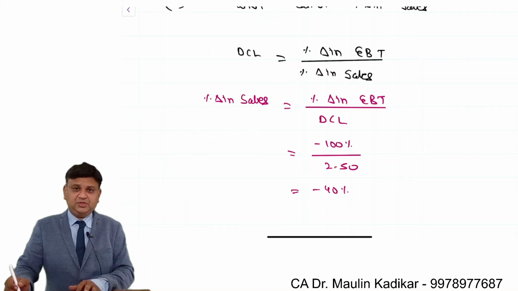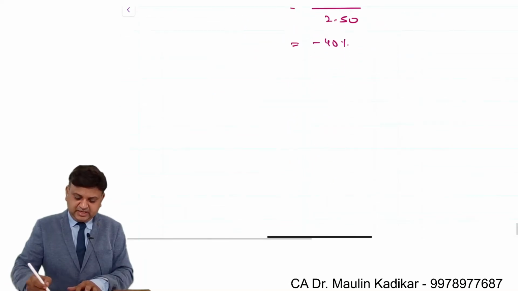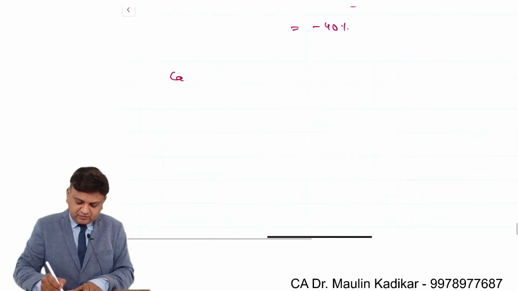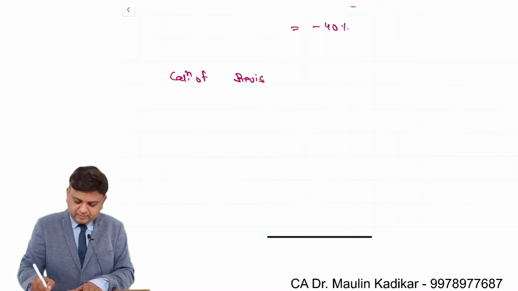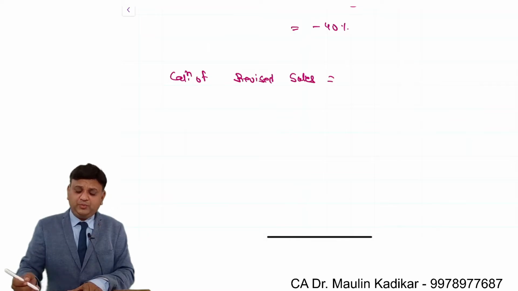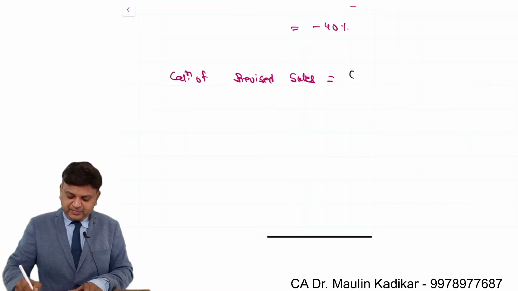After making this calculation, we can say that calculation of revised sales. How to compute revised sales? It is current sales minus change in sales.